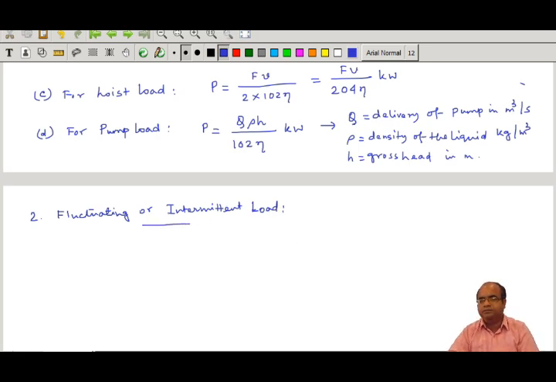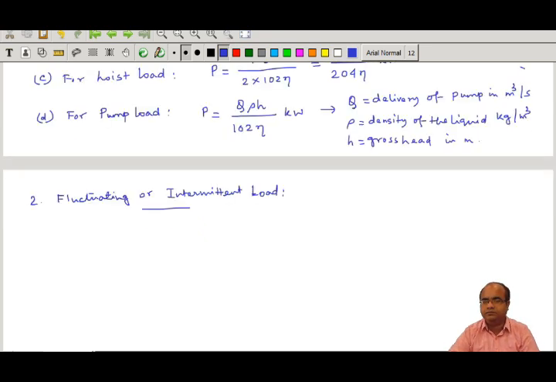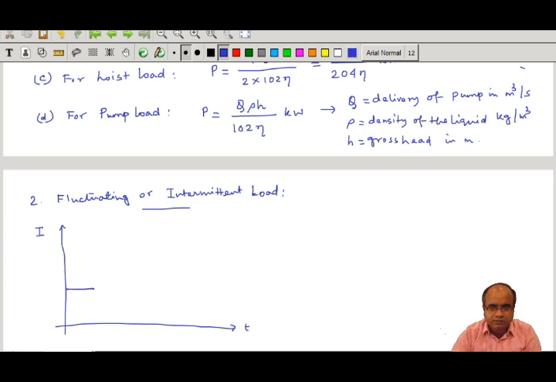Now in this case, the load is continuously varying in nature. Okay, that is, if I draw the load characteristics, it looks like this. Say current. If I draw the characteristics of the load current, say this is I1 operating for time t1.